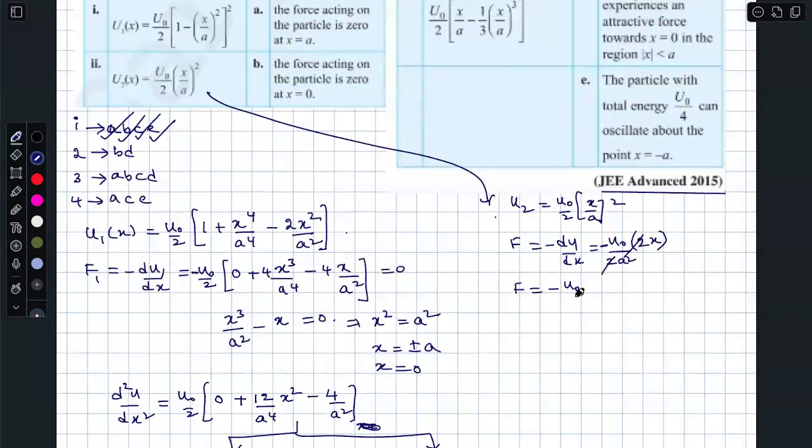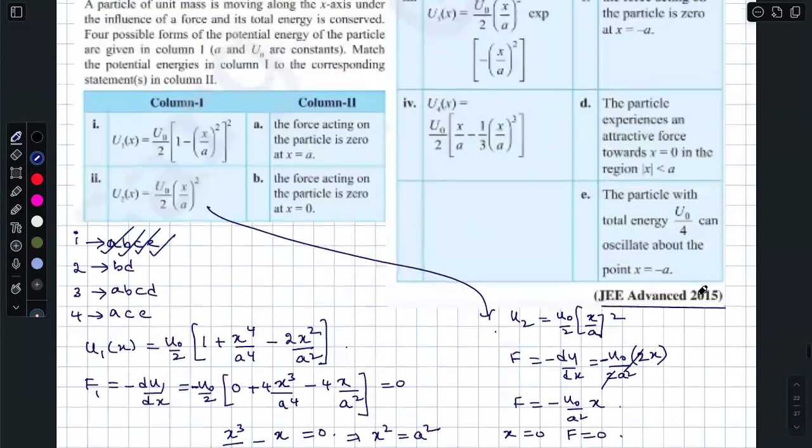Correct. At x is equal to 0, force is 0. Remember, it will oscillate about x is equal to 0. Because F is equal to minus kx, if you find such a function, it is SHM about x is equal to 0.